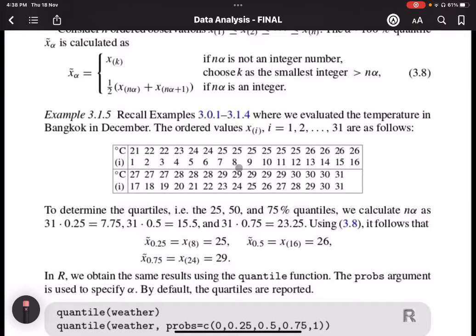Ibig sabihin, lahat mula dito kay 8, pataas hanggang dito kay 24, siya yung mga estudyante, kung ito ay grade, sila yung mga estudyanteng kasama sa 75% ng, for example, nag-exam sila. Belongs to the 75%. Kung ang score mo naman ay nandito, hanggang 8, ika-25, you belong to the 25% ng nag-take ng exam. Yun ibig sabihin nun ng quartiles.